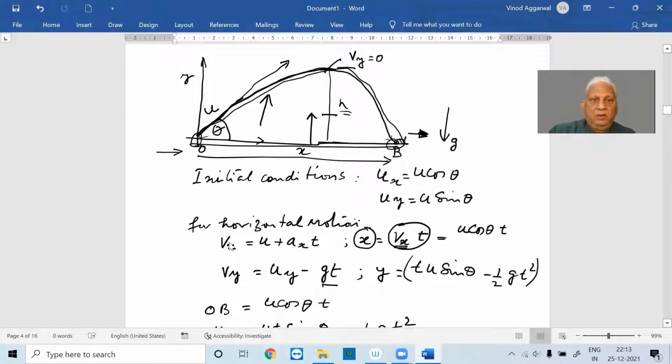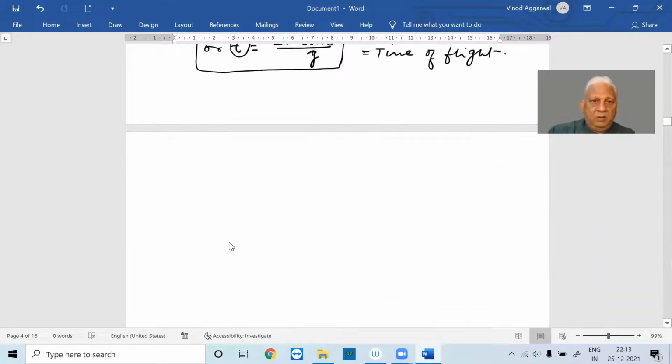Similarly, this distance OB has a special name called range. Range is equal to OB. And we know that this will be given by T into velocity in x direction.